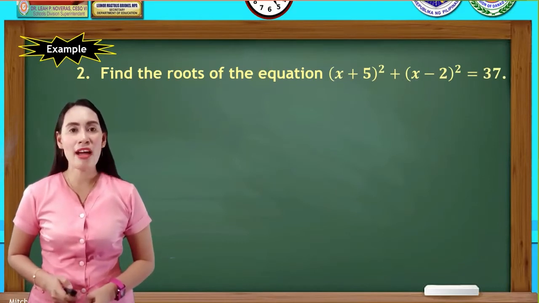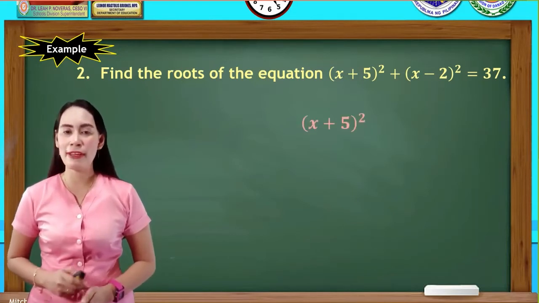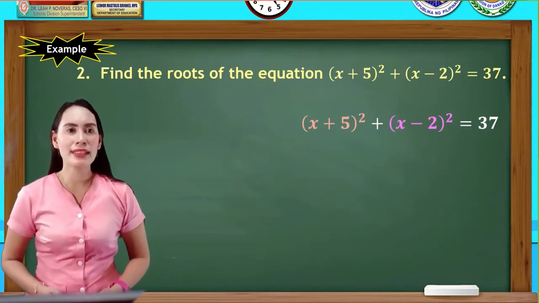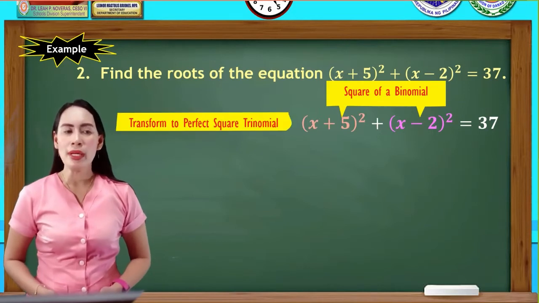Example number 2, find the roots of the equation. The quantity of x plus 5 squared plus the quantity of x minus 2 squared equals 37. Since the left side of the equation has two terms that are square of a binomial, we can transform this to perfect square trinomial.